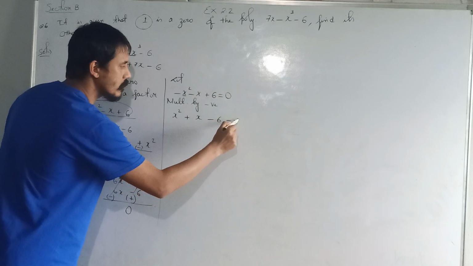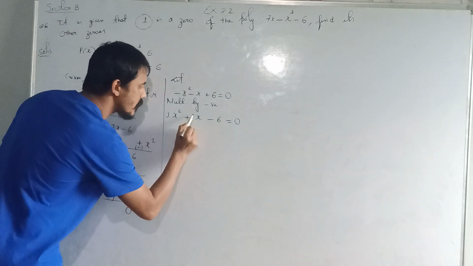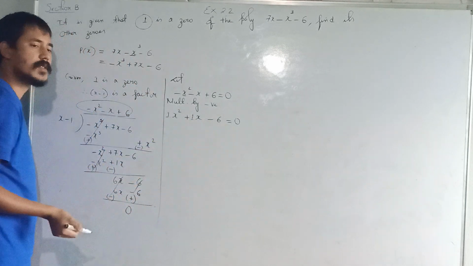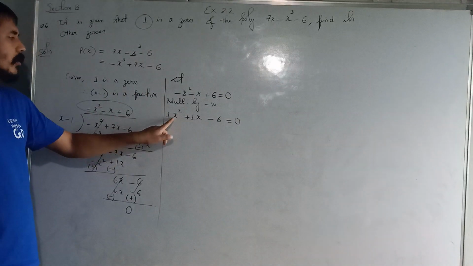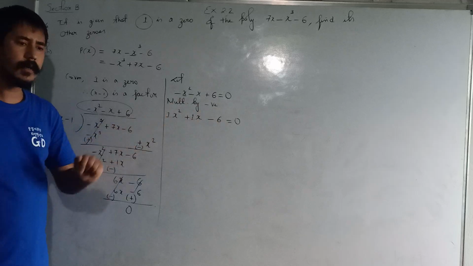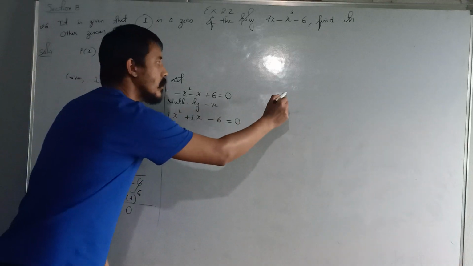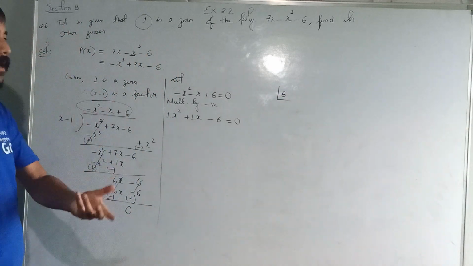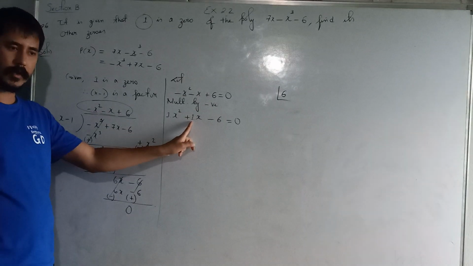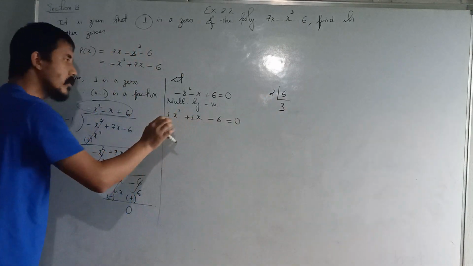Then we have x squared plus x minus 6 equal to 0. Here the coefficient of x squared is 1, the coefficient of x is also 1, and the constant term is minus 6. We multiply the coefficient of x squared and the constant term: 1 times 6 is 6. Now we factorize 6 into 2 terms whose difference gives you the middle term 1. 2 times 3 is 6, and 3 minus 2 gives you 1.